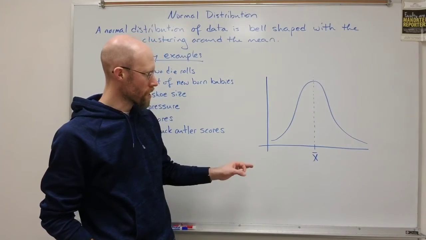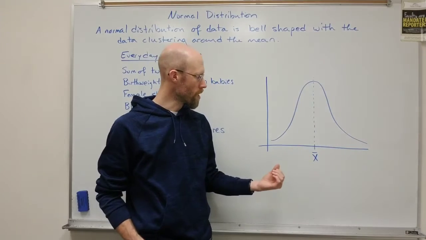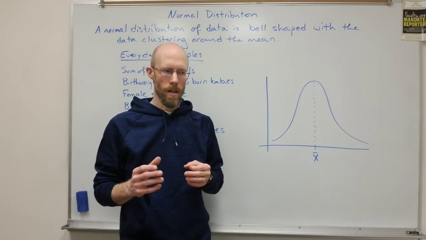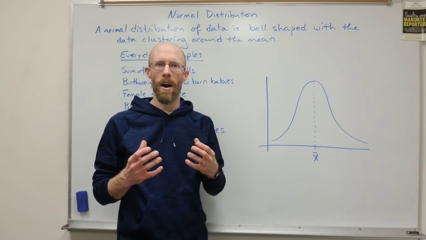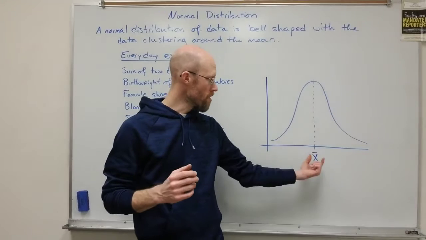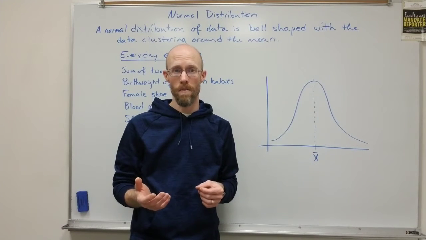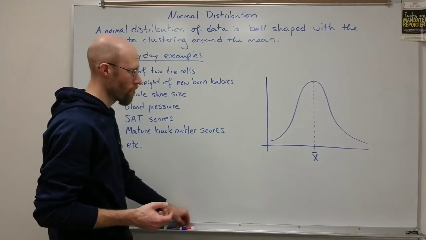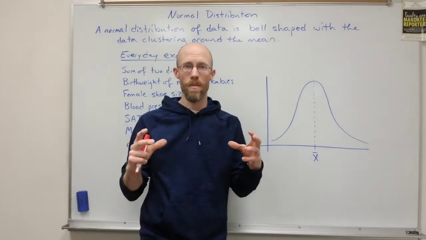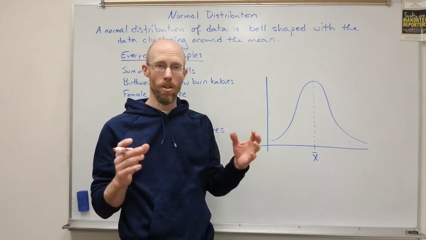So what's interesting then about the normal distribution is that you can start to estimate how many data items are near the mean and how close they are based upon our standard deviation. We've talked about the standard deviation before. The standard deviation gives you kind of the spread of the data, but you can kind of group things together.